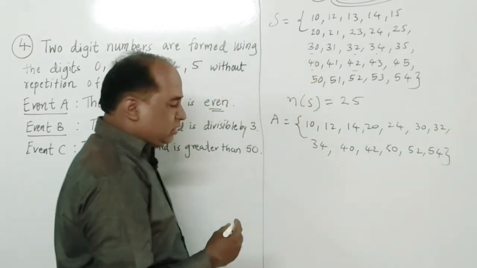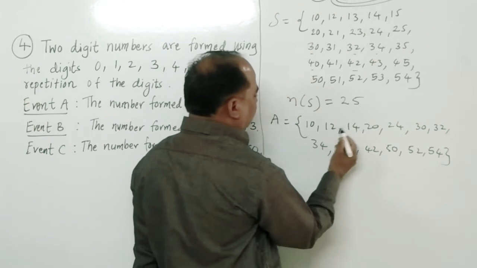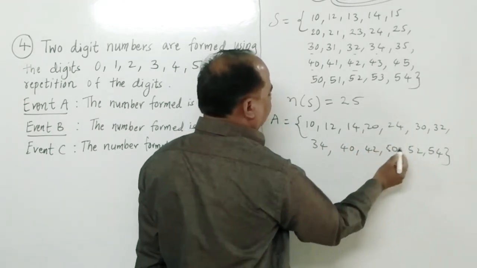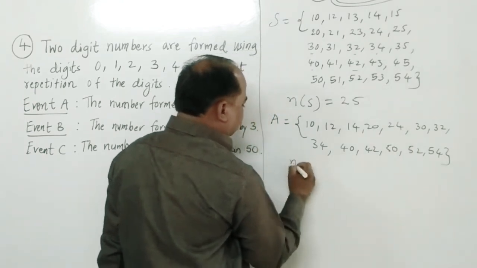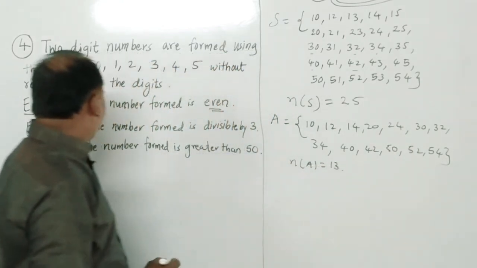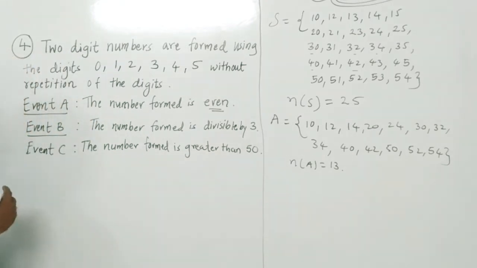So here in all the even numbers are 1, 2, 3, 4, 5, 6, 7, 8, 9, 10, 11, 12 and 13. So n(A) is equal to 13. Now the number event B.